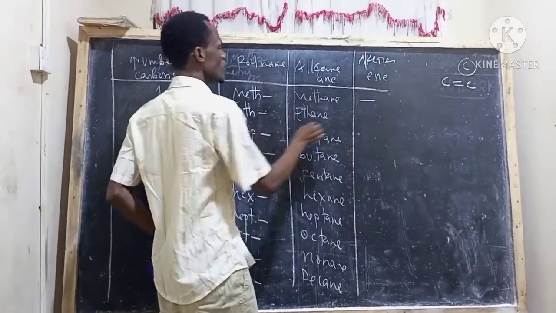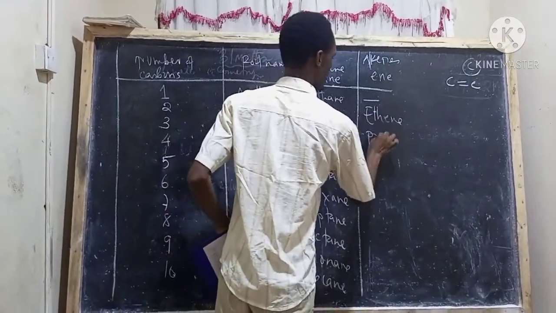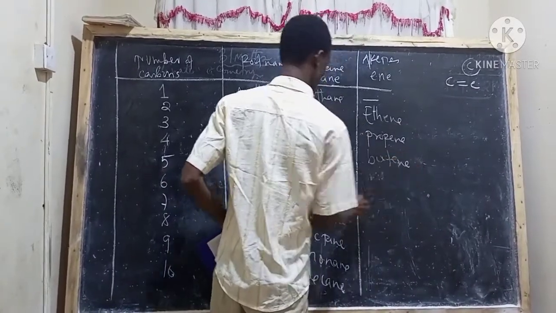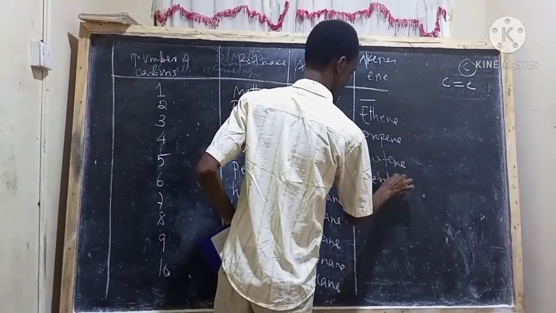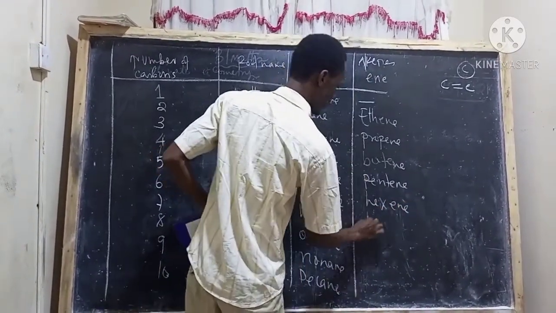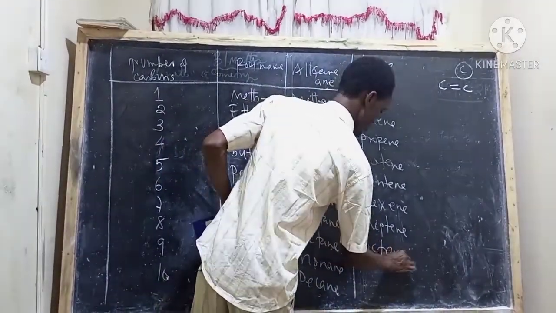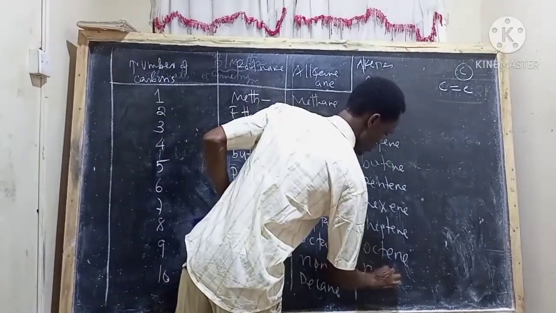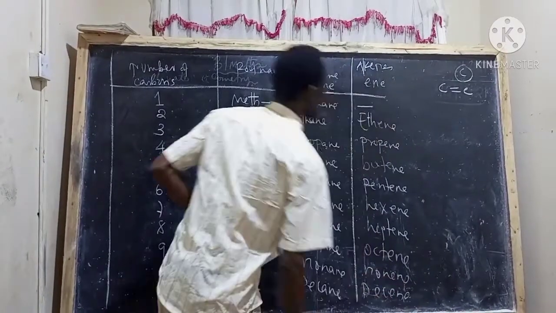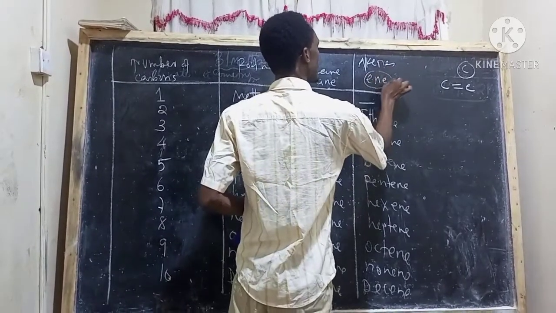And that is why we start with ethene, propene, butene, pentene, hexene, heptene, octene, nonene, decene. You may see we have added the primary suffix to show that we are talking about alkene.